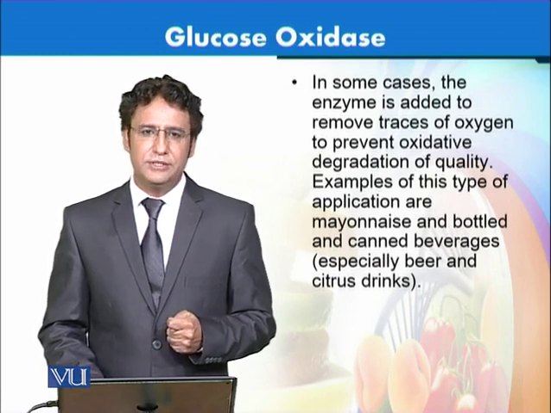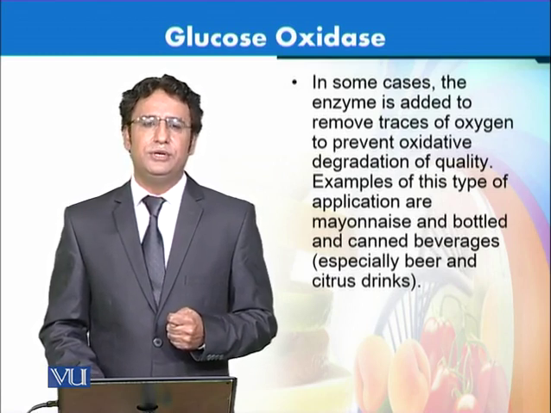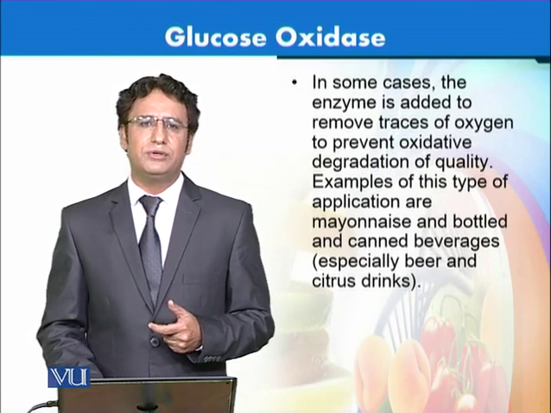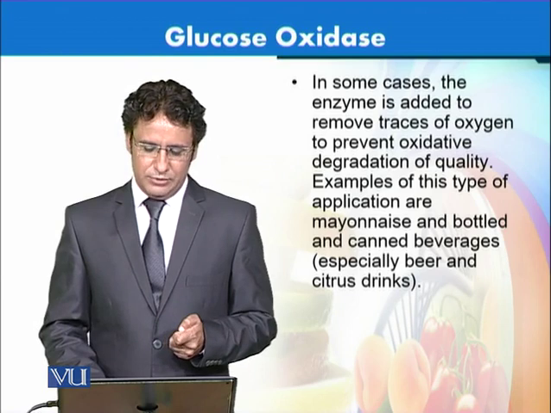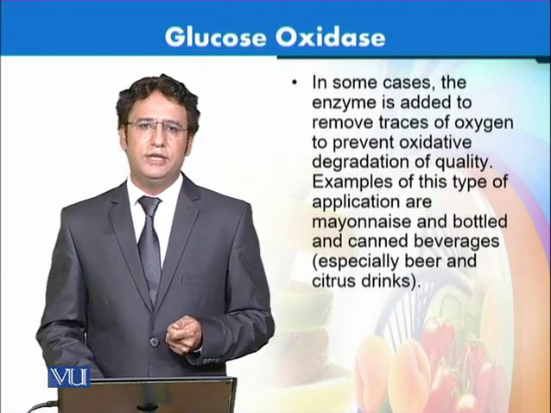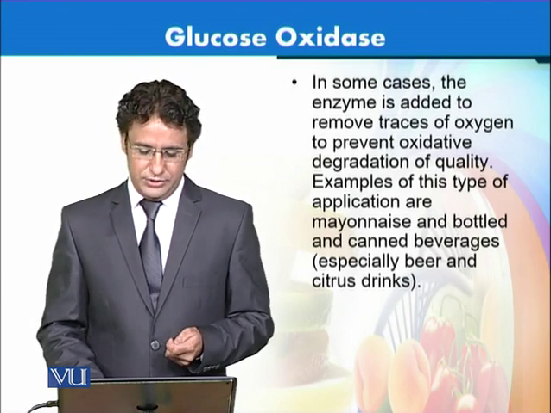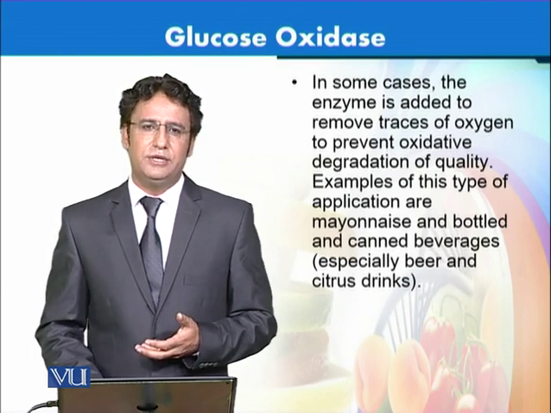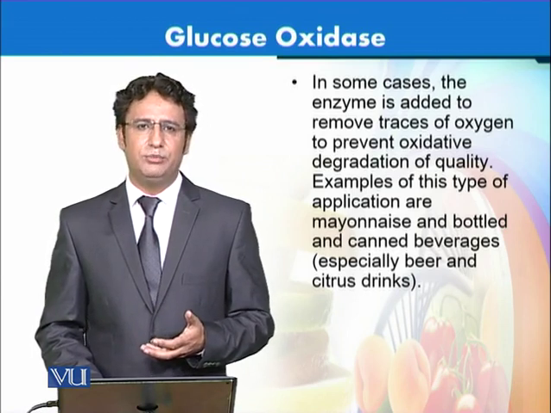In some other cases, it is also used to remove some of the oxygen from some food products. For example, in the case of mayonnaise, bottled fruit juices or canned beverages, this has to be done.